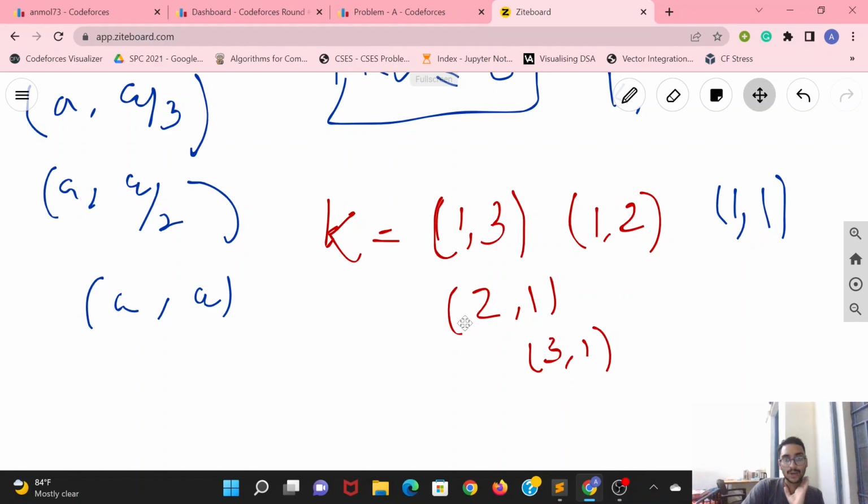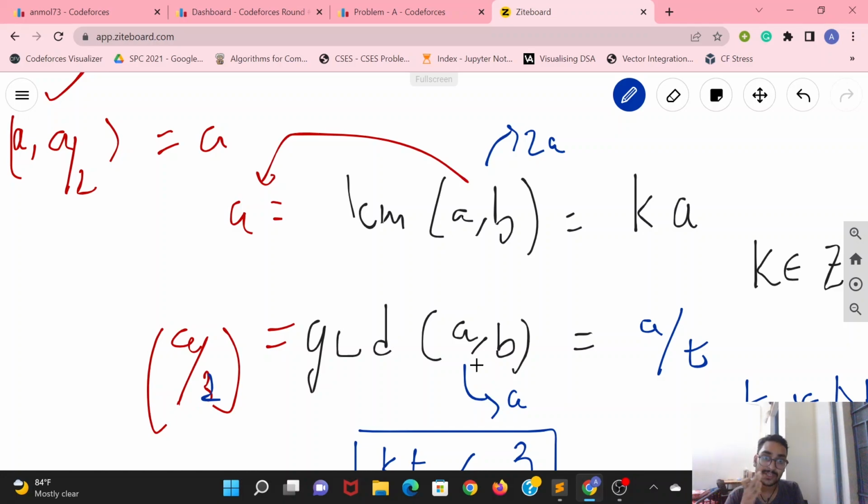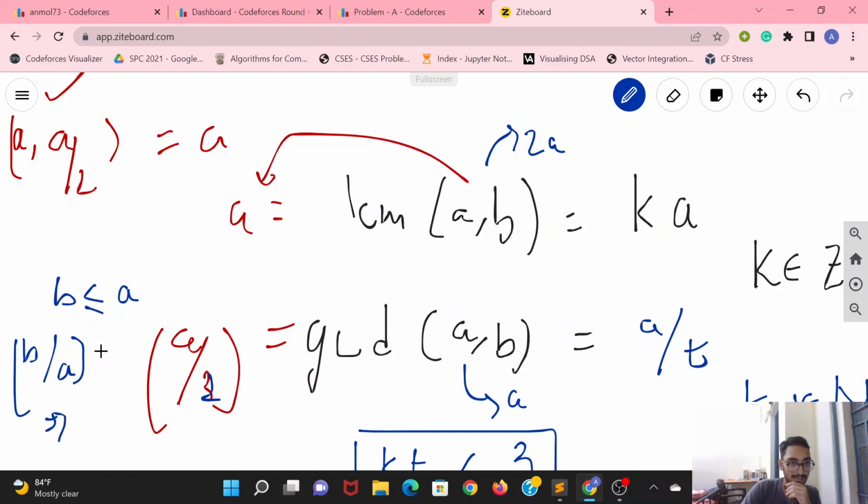Now let us take K comma T equals 2 comma 1. So in that case, we'll get the GCD to be A and we'll get the LCM to be 2A. So GCD of A comma B is equal to A, and A is the larger number, so B has to be smaller than or equal to A, but A divides B, so B by A is an integer, by the definition of GCD.